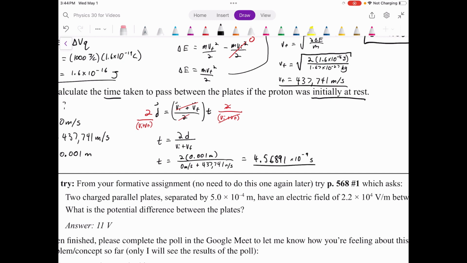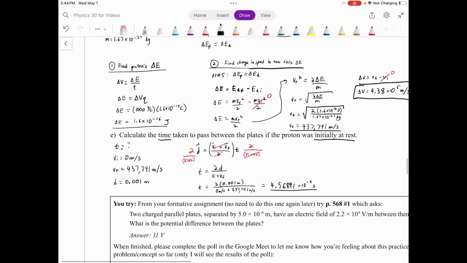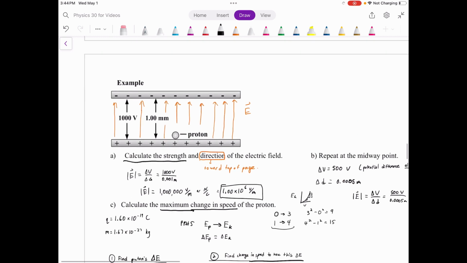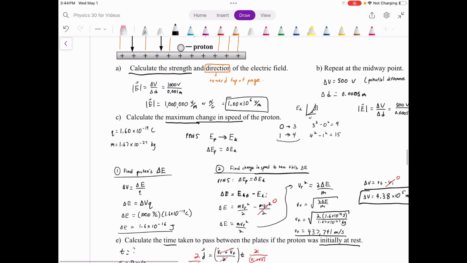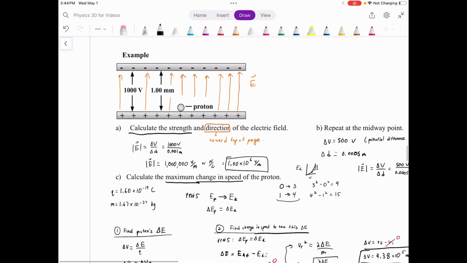So a very short amount of time, right? About 5 nanoseconds. But that's not too surprising when we're realizing the strong forces involved here for a tiny mass, right? The proton has a tiny mass, 1.67 times 10 to the negative 27 kilograms. It's feeling a pretty strong force in this fairly strong electric field, 1,000,000 newtons per coulomb, okay?